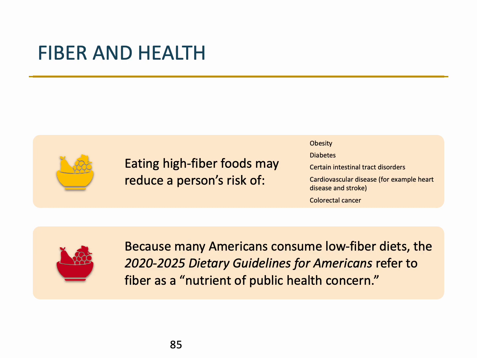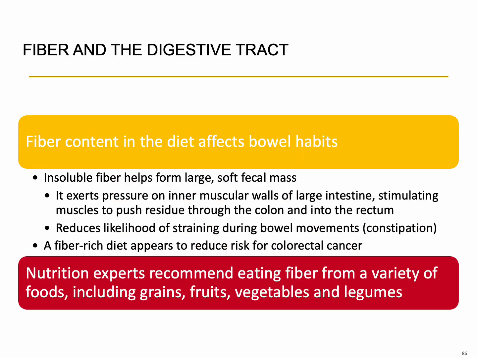This is just a summary of some of the things we talked about earlier. A high fiber diet may reduce risk of obesity, diabetes, and certain intestinal tract disorders, including colon cancer. A lot of the benefits of fiber boil down to the fact that human beings evolved to eat a far higher fiber diet than we are eating now.